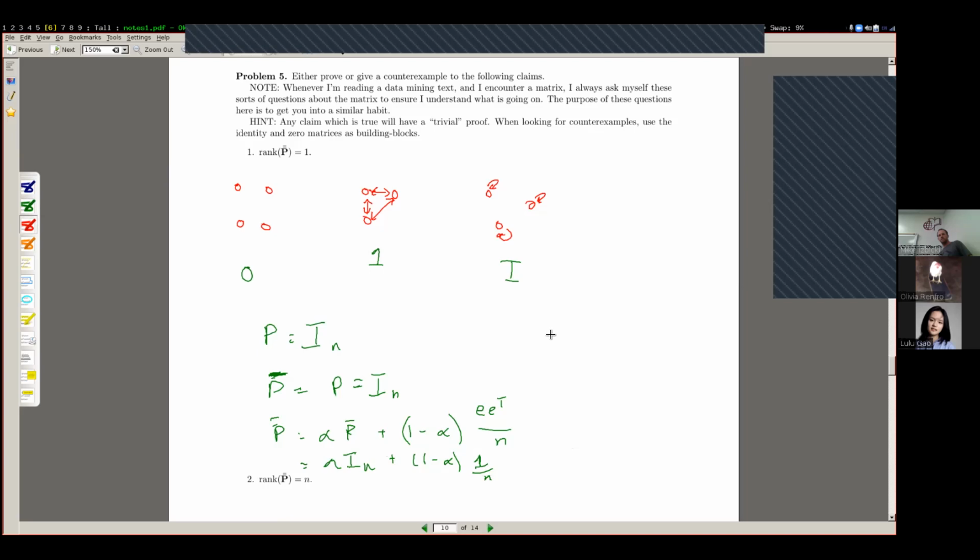So the rank of p-bar bar must be greater than or equal to n minus 1. The most that adding a rank 1 matrix can do to modify the rank is change it by 1. So the rank is at least that. As long as n is greater than 2, then we have a counterexample to this up here. So something like this right here would be my counterexample.